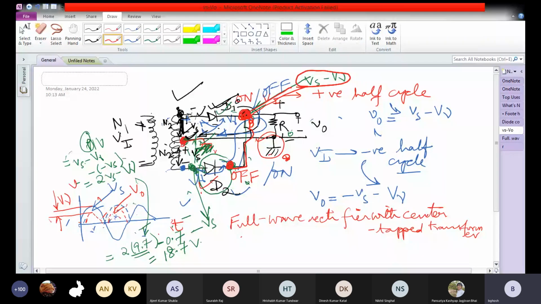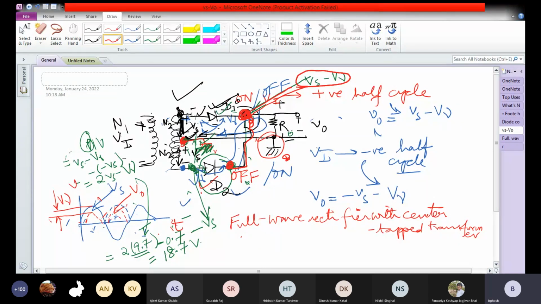So we have to find out the voltage across D2 when Vs is maximum. That is the worst voltage which D2 has to tolerate without breakdown.